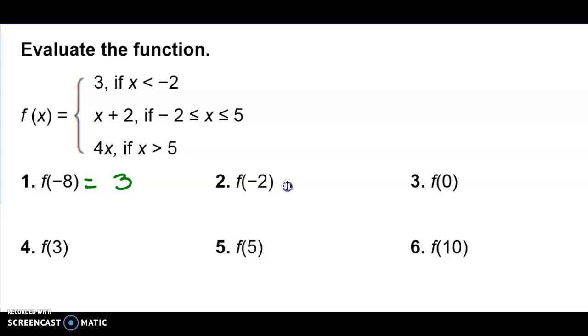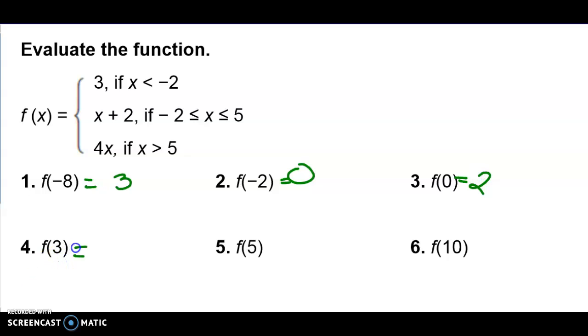Now, how about -2? -2 is included in the second domain because there's an equal sign here. So we're going to substitute -2 in the expression x plus 2. So -2 plus 2 is 0. F of 0 is included in the second interval again, so plug it in here. So you will get 2.